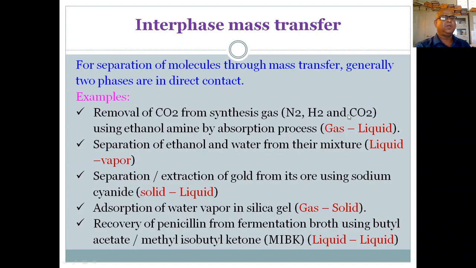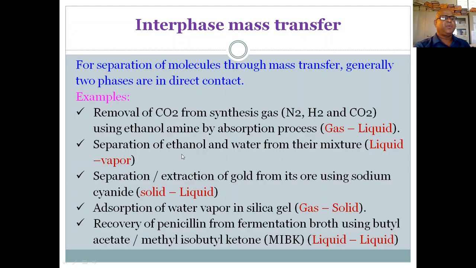I want to remove carbon dioxide, so I use ethanolamine by an absorption process. Nitrogen, hydrogen, carbon dioxide are in gas phase, ethanolamine is liquid phase, so there is gas-liquid direct contact, and carbon dioxide diffuses from gas phase to liquid phase. So 2 phases were involved in this process.